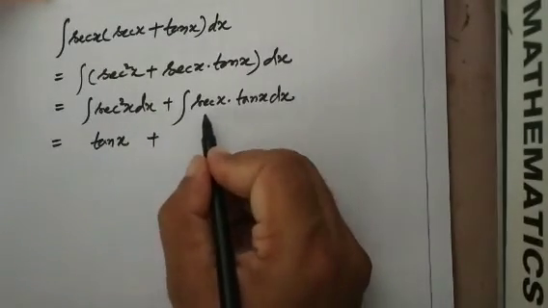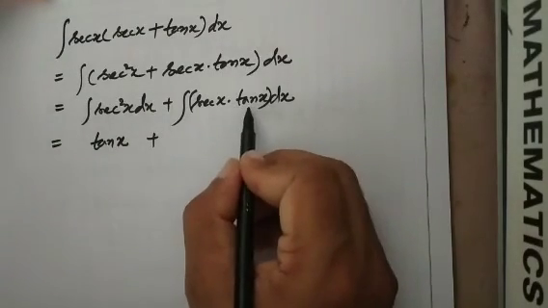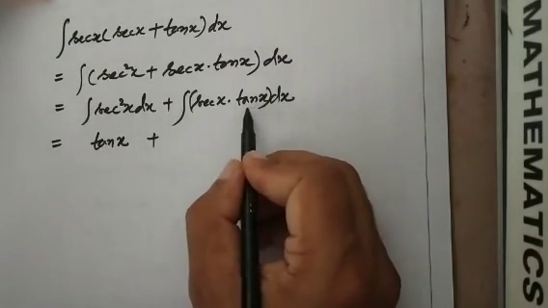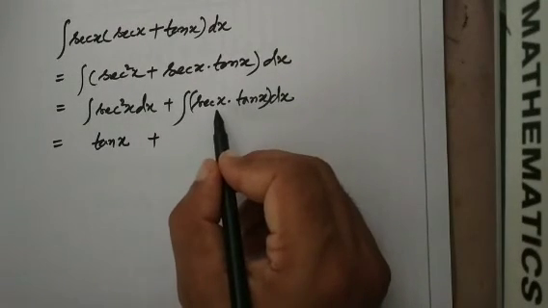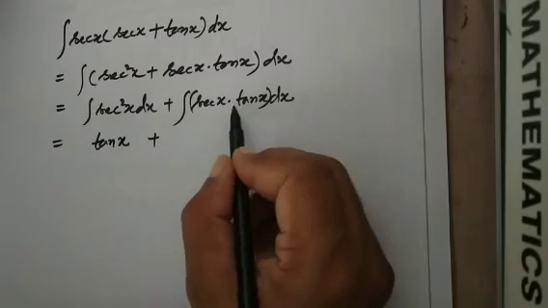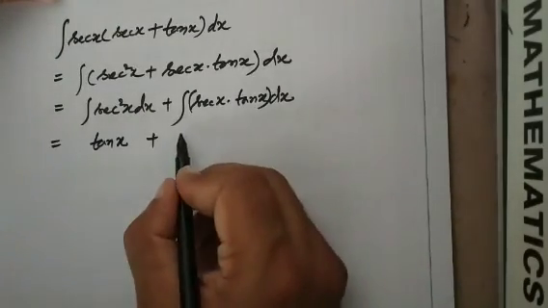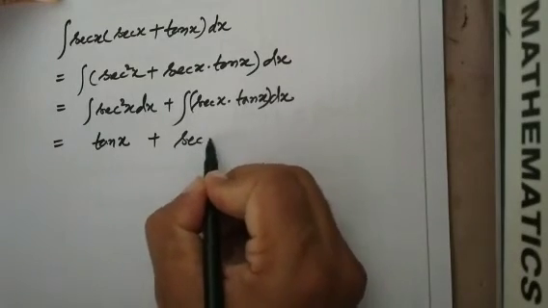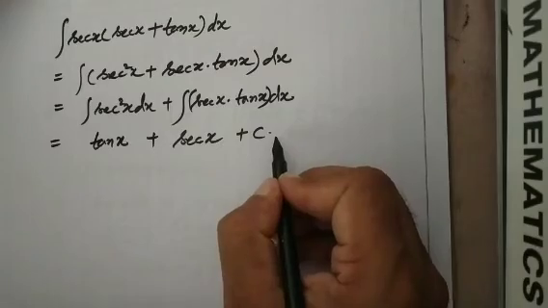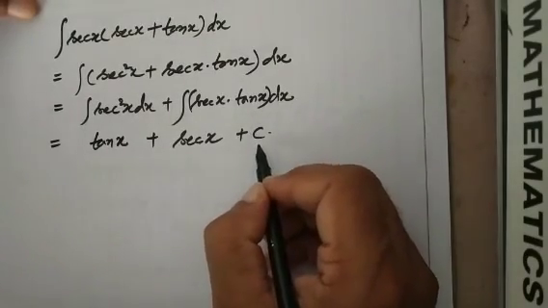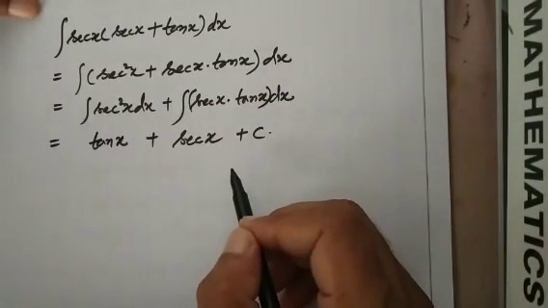Similarly, for sec x tan x, if you recall, sec x's derivative was sec x tan x. That means the antiderivative of sec x tan x will be sec x only. And plus c we add as an arbitrary constant after integration. So that's your answer for the integral of this given function.